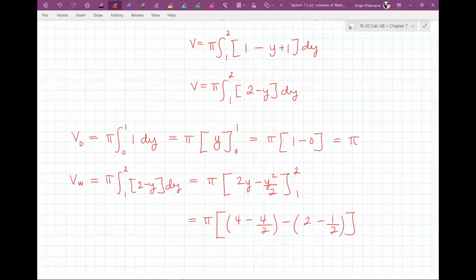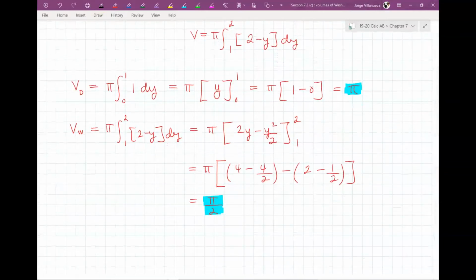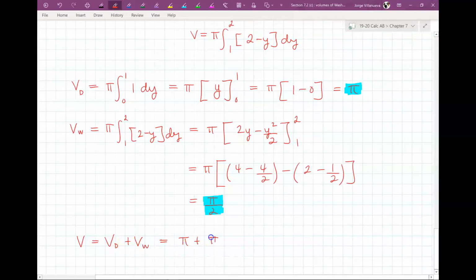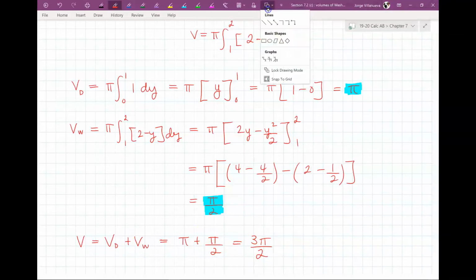All right, so 4 minus 2 is 0, so this is just pi over 2. So here's one of my answers, and here's the other answer. So to find the full volume, I'm going to get the volume of the disk plus the volume of the washer, which is equal to pi plus pi over 2, which is 3 pi over 2.